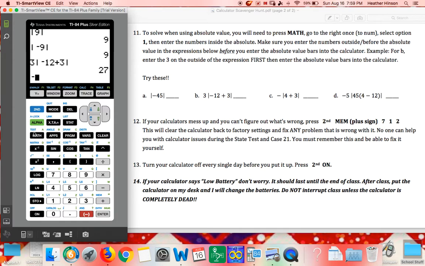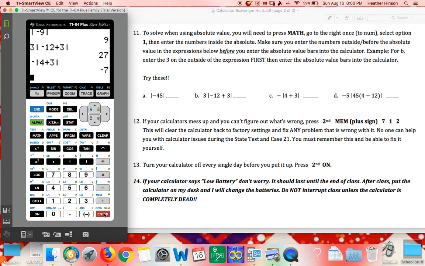So math, go over to the right to num, and then we want abs. Hit enter on that. Then plug in the pieces in the middle. 4 plus 3. And then again, you can go out of it. You can stay in your absolute. It doesn't matter. Just hit enter.